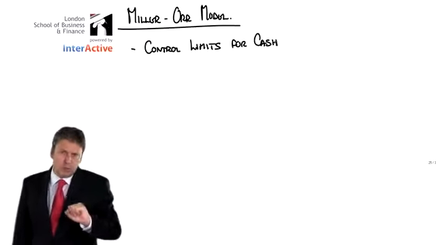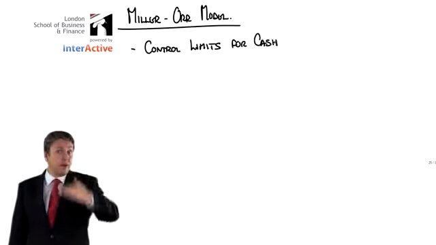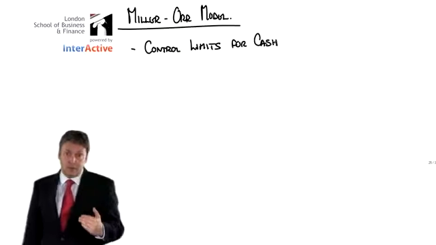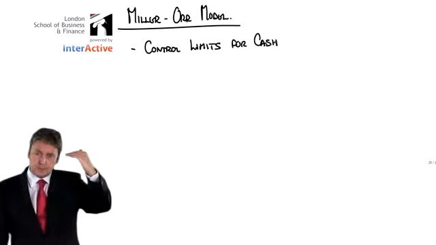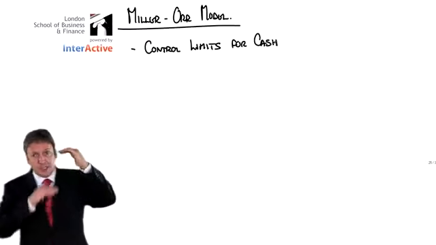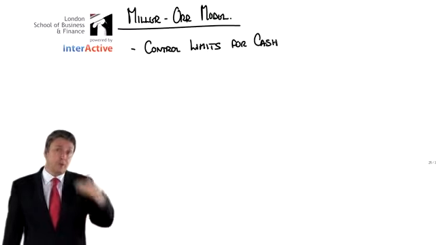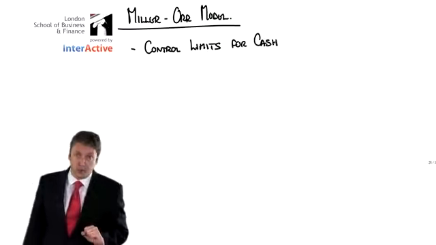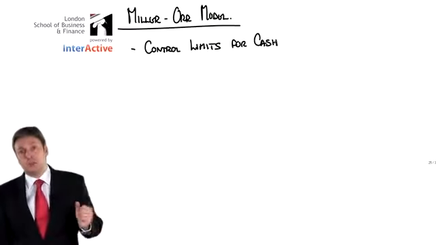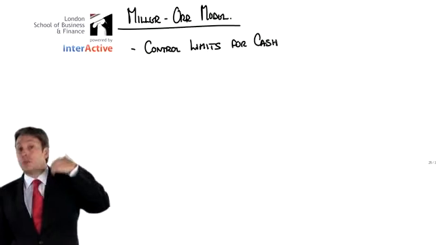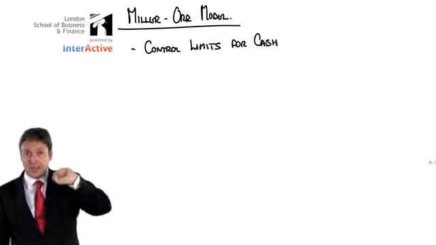As such, what we want to do is to establish some very basic limits, a lower limit and an upper limit. If the cash balance is between those two limits, we take no action. If, however, we hit the lower limit, that suggests we've got too little, and so we introduce more cash. If it hits the upper limit, that means we've got too much, and therefore we take some cash out and invest it elsewhere.